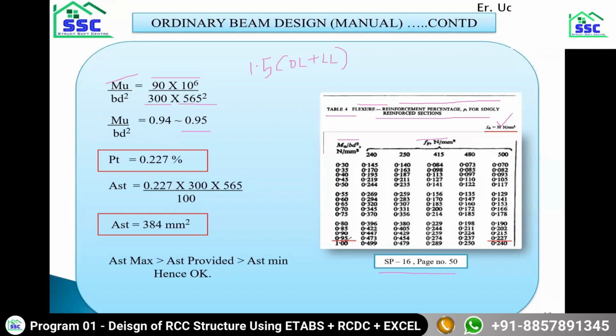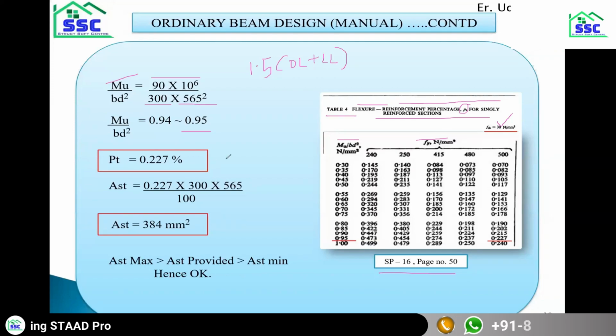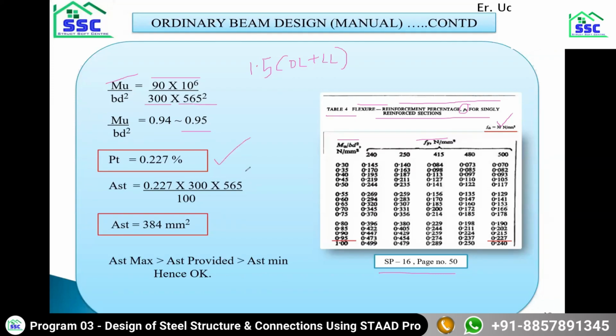So if I go to SP16, then for Mu by bd square of 0.95, I get the value of my pt as 0.227%. So my percentage of steel required is 0.227%. That is, the AST required will be 0.227 divided by 100 into 300 into 565, which is our small b and small d.